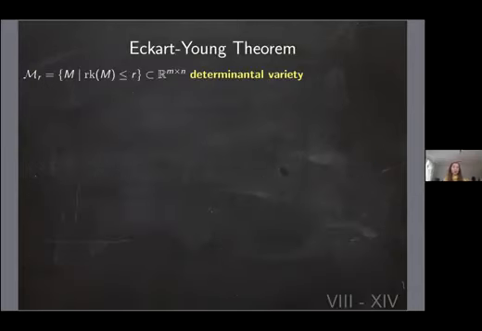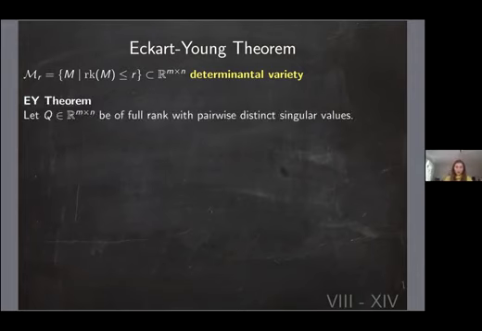So let me apply this and motivate it a little bit more formally. From the algebraic point of view, let me formulate the well-known Eckart-Young theorem for determinantal varieties, which are our neuromanifolds. First of all, whenever you have a data matrix Q and it's somehow random, here is also very specific what that means: full rank with pairwise distinct singular values.